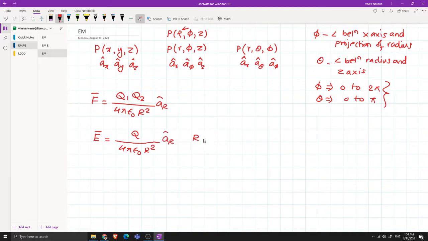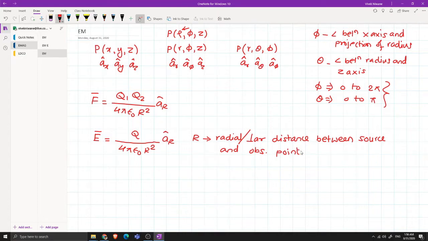Here r is the radial, or I will say perpendicular, distance between your source and observation point. Do remember that this is a very important statement.